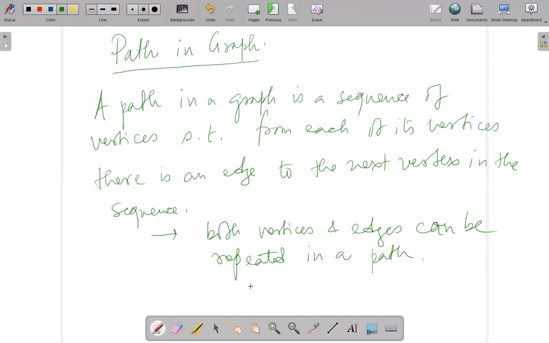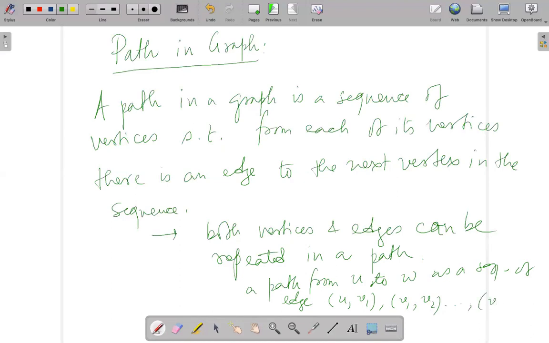In other words, a path from say the vertex U to the vertex W can be represented as a sequence of edges like U V1, V1, V2, and so on and so forth, and Vk minus 1, W, as if connecting U and W indirectly through a set of edges.